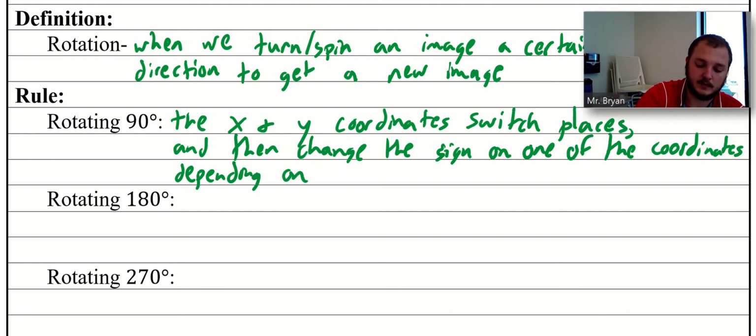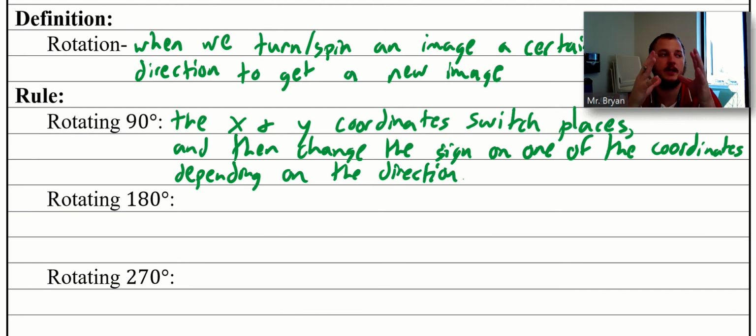This is the toughest rule that we have because it's not necessarily one set thing where I'm always going to change the x or I'm always going to change the y, because that can change depending on the direction that you're going and how far you're rotating. So what I say instead is I want you to try to visualize that, and we'll see what that looks like in the example that we do at the end here. But that's rotating 90 degrees.